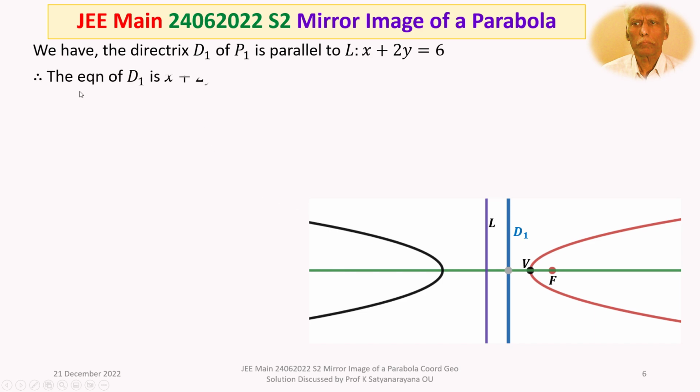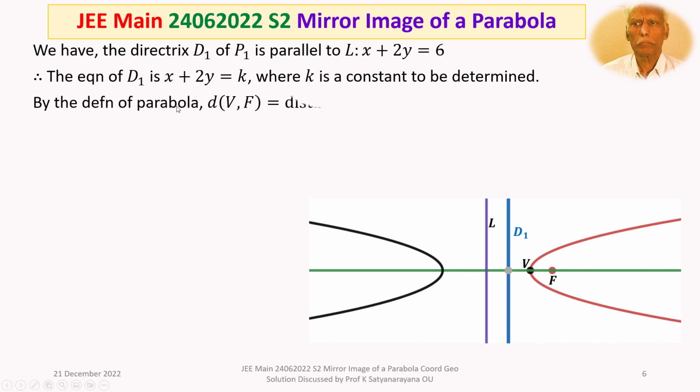Because D1 is parallel to L, and the equation of L is x + 2y = 6, the equation of D1 will be x + 2y = k, where k is a constant to be determined. To determine this constant, we will use the definition of a parabola.